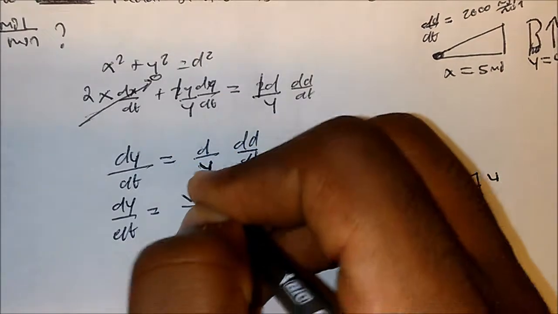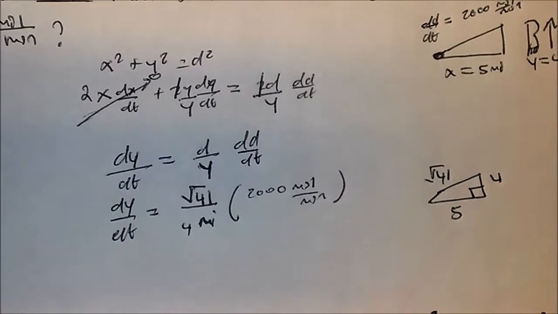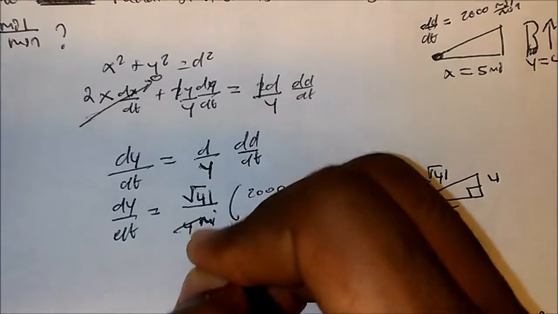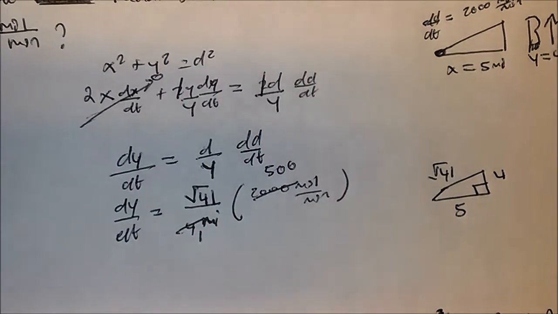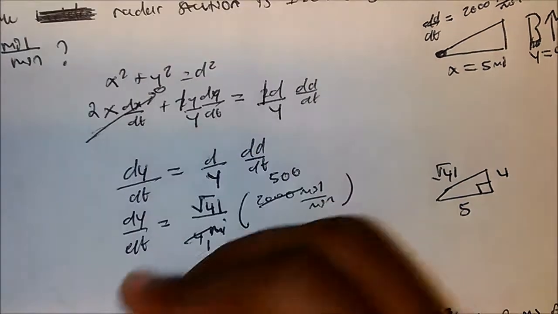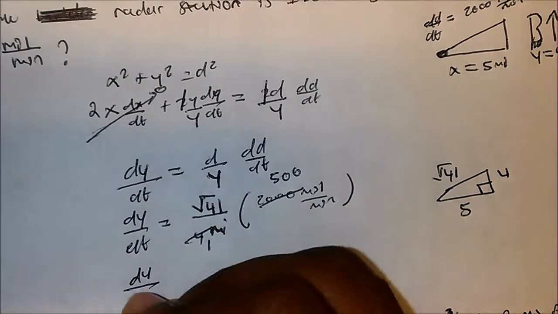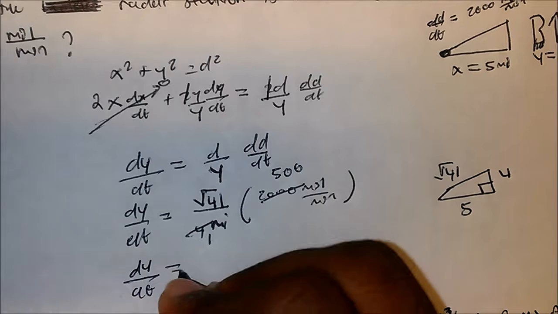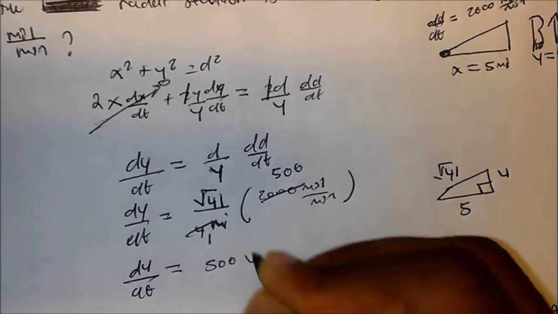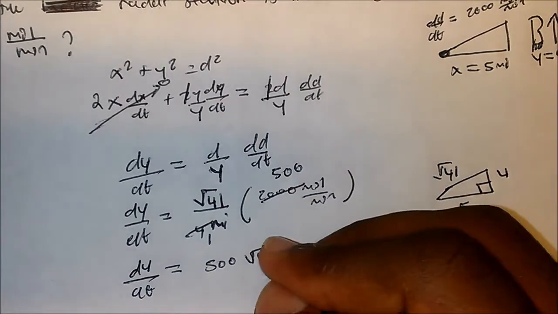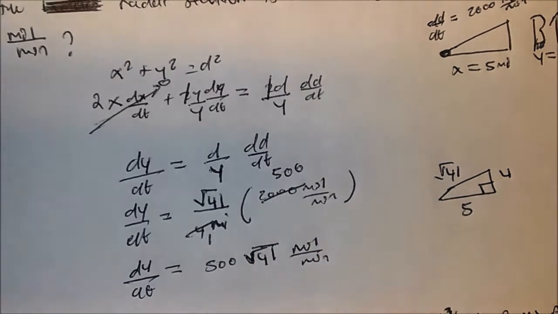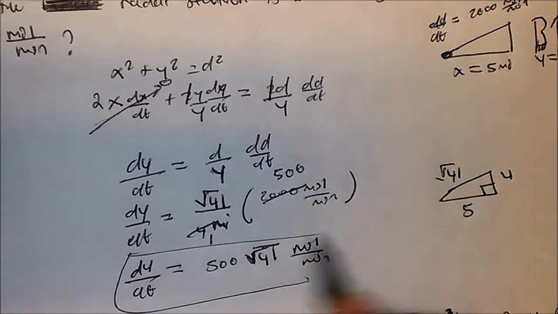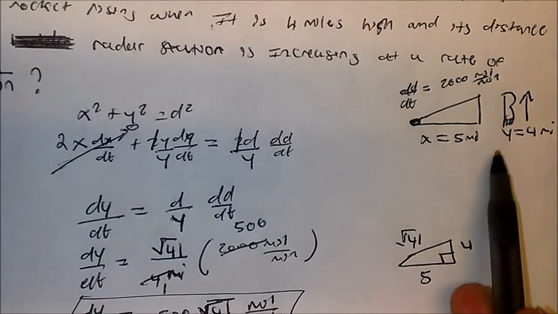So d here is just the square root of 41. Good thing to know, we could cancel these out, and this will be 500. 4 times 500 is 2,000, right? And so your final answer, dy dt, is going to be 500 over the square root of 41 miles per minute, right? And that will be your final answer as to how fast the rocket rises.